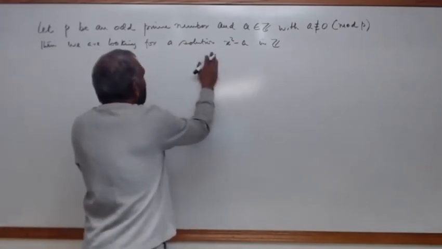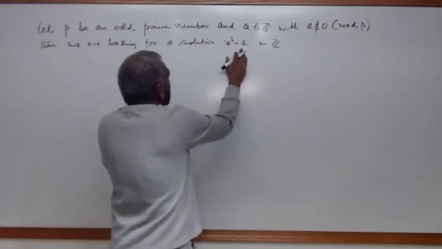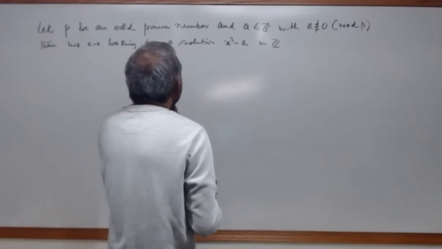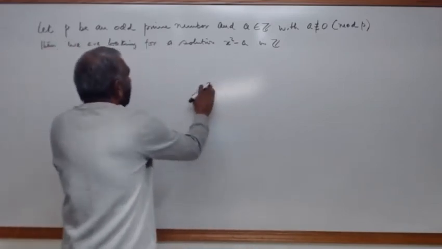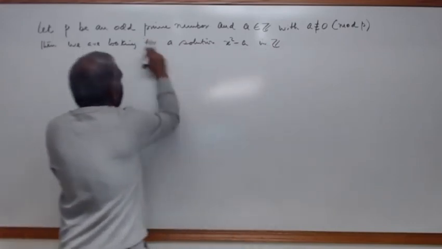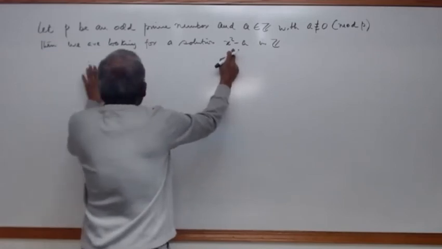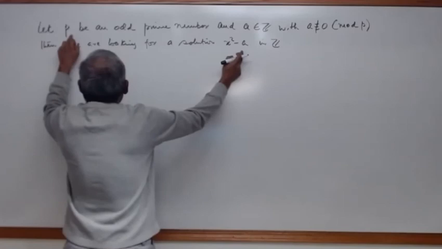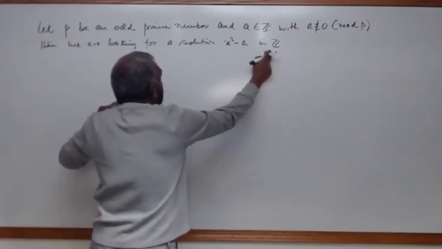Or if not, what is the condition for this polynomial to have a solution in Z, in terms of P? This is purely in Z. So we want to find out a condition in terms of P, or what is the relation between A and P so that this polynomial has a 0 in here.